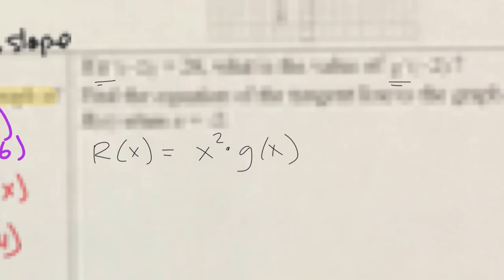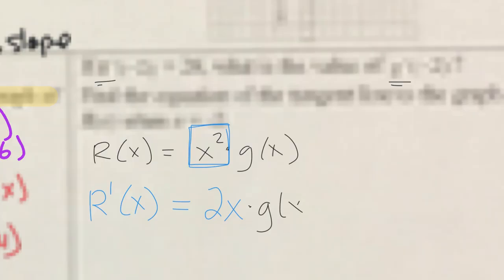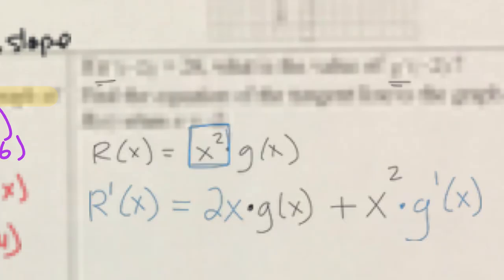So let's take the derivative. R prime of x equals. What is the derivative of x squared? 2x. Times our normal g function left alone. Plus our x squared function left alone, right? So we take the function as it is, and then we multiply it by g prime, the derivative of your second function.